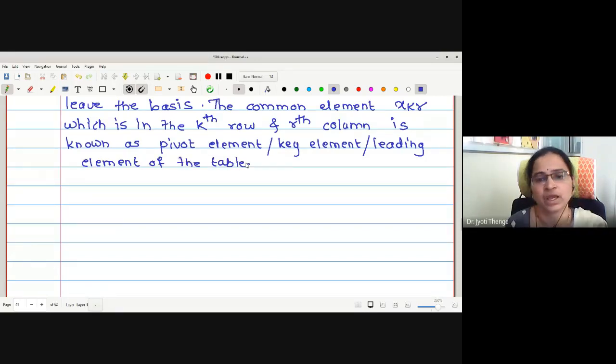Okay, in the next step, we are going to convert the leading element to 1 and all the remaining elements of the column to 0.